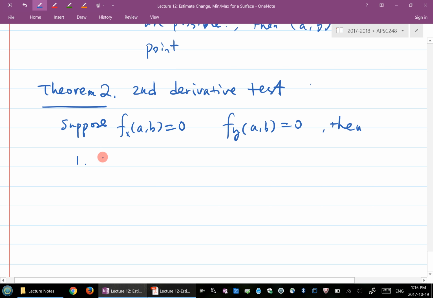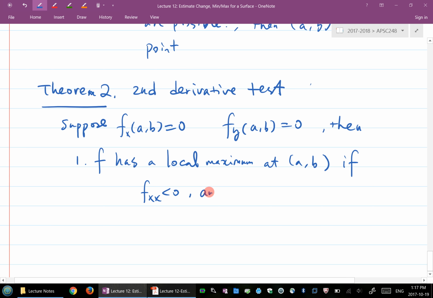Number one, this function f has a local maximum at this (a, b) location if fxx is less than 0 and fxx fyy minus fxy squared is greater than 0 at this (a, b) location. That's the first case.